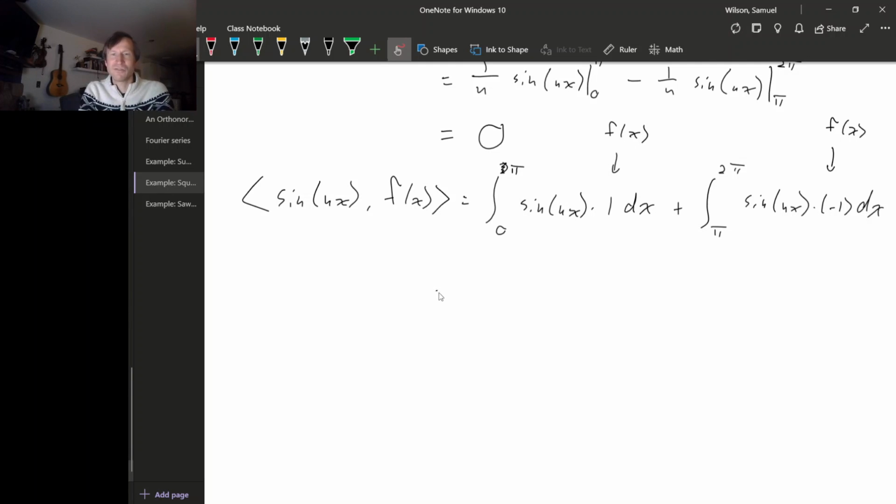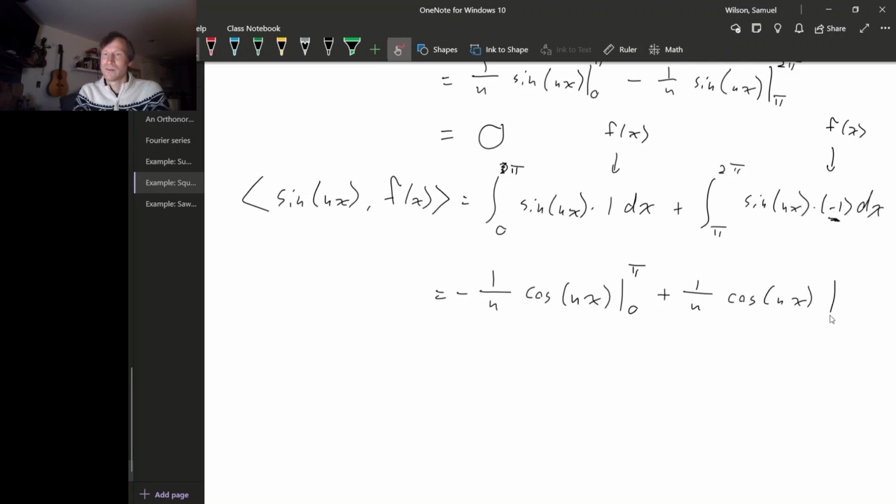Okay, so now we can integrate. For this first piece, we're going to get minus 1 over n cosine nx from 0 to pi, plus, there's one minus sign here, but then we get another minus sign when we do the integral, so this is plus here, 1 over n cosine nx from 0 to 2 pi.